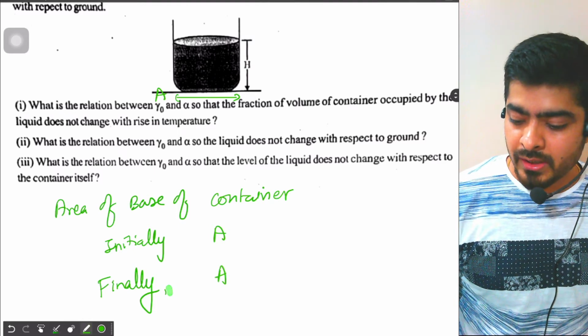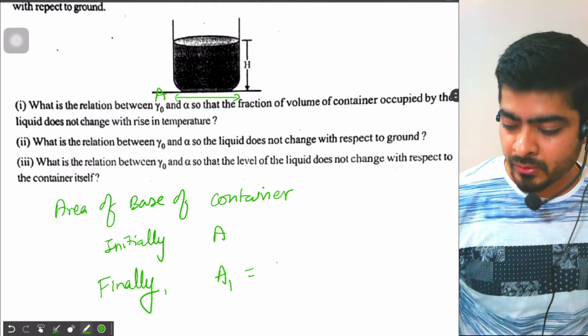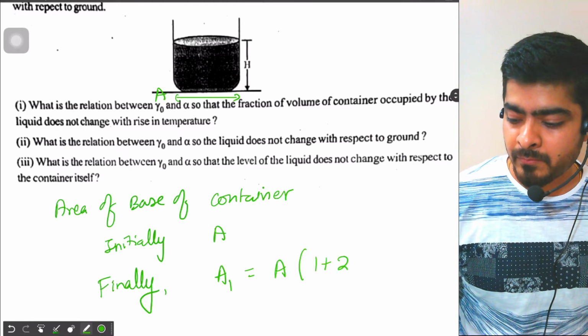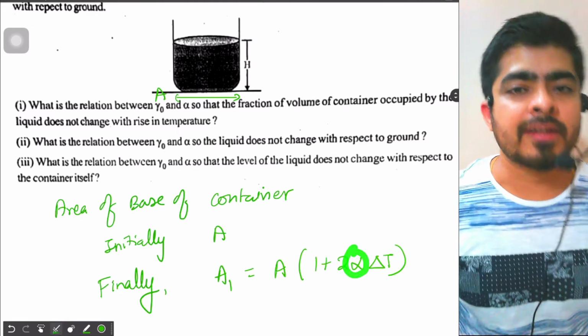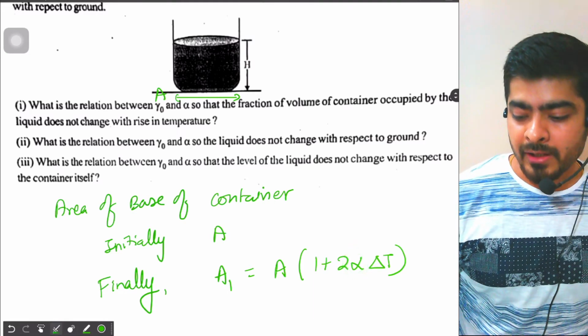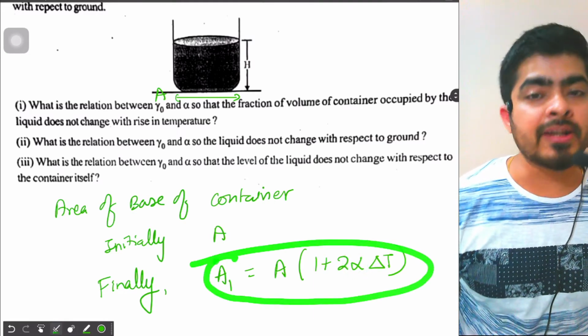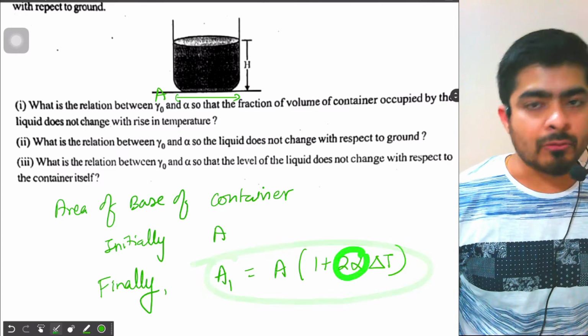So the new area A1 will be equal to A times 1 plus 2 alpha delta T. Alpha is the coefficient of linear expansion for glass. But here we are changing the area, so we need to use beta, and beta is equal to 2 alpha.